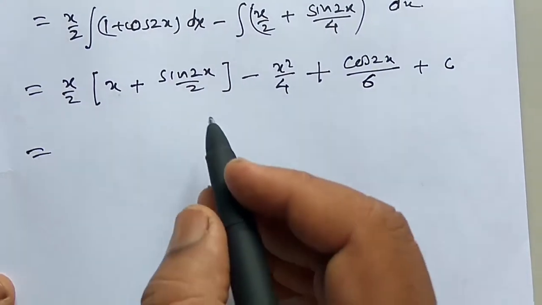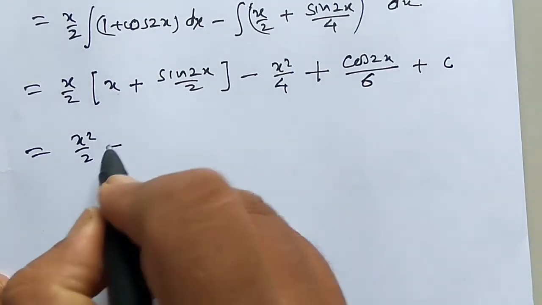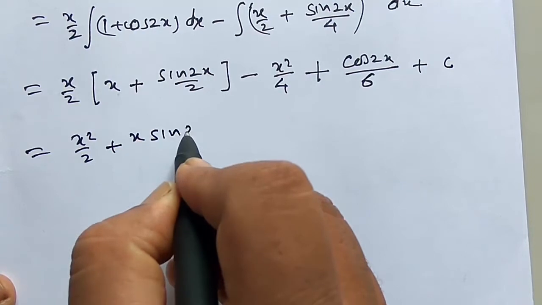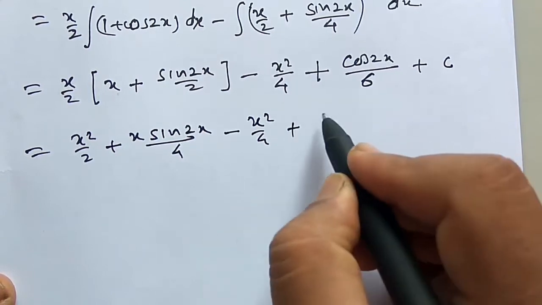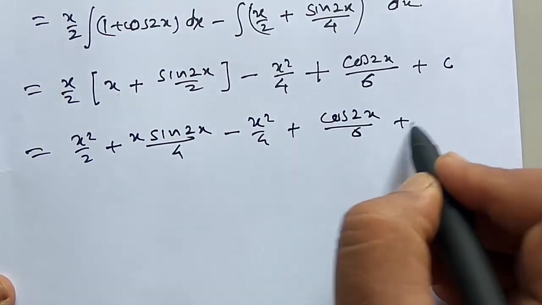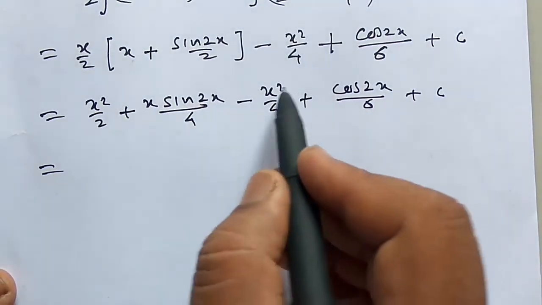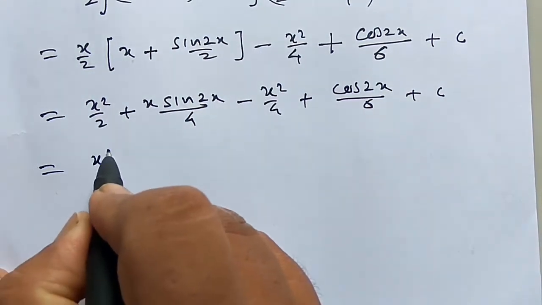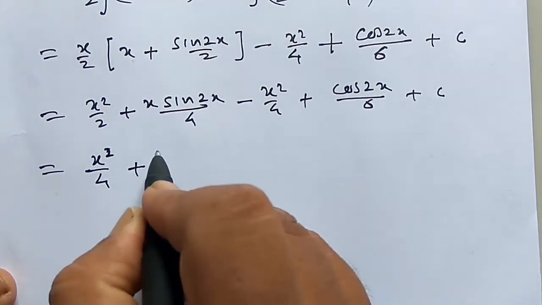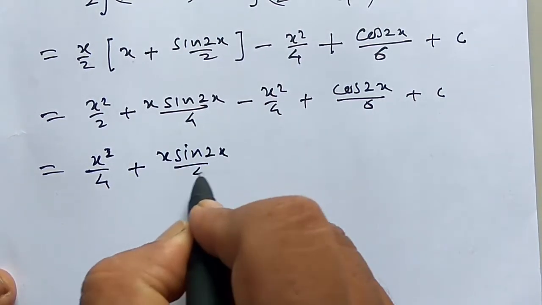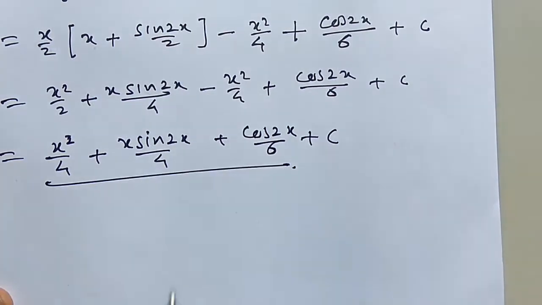Multiplying x inside the bracket, x square by 2 plus x into sin 2x divided by 2 into 2 is 4, minus x square by 4 plus cos of 2x divided by 8 plus c, is equal to x square upon 2 minus x square by 4, which becomes x square by 4, plus x sin of 2x divided by 4 plus cos of 2x divided by 8 plus c. So, this is the answer.